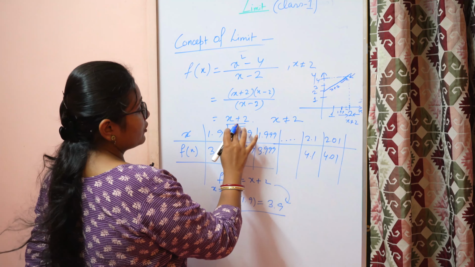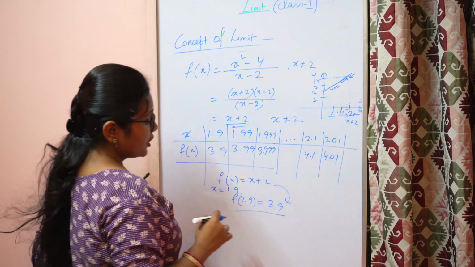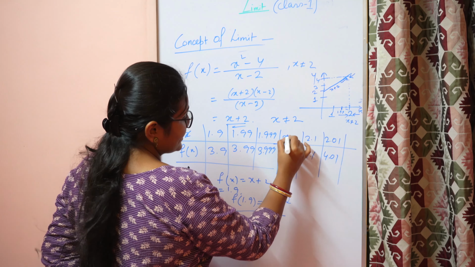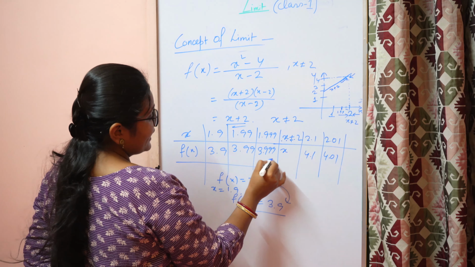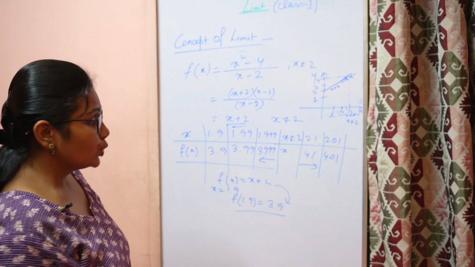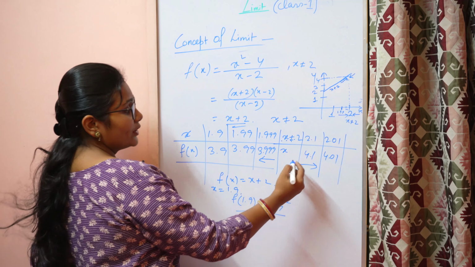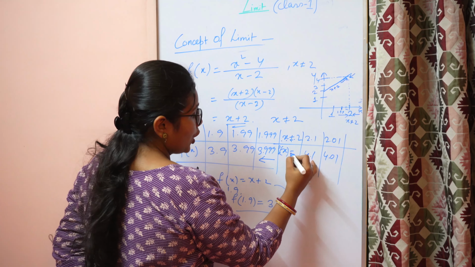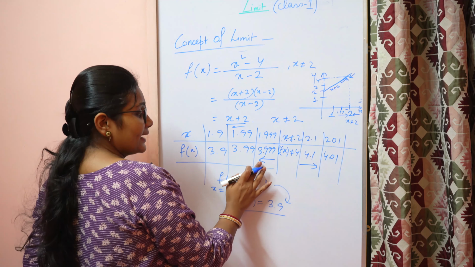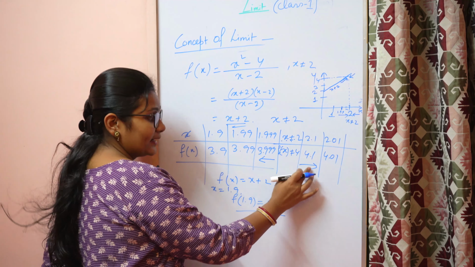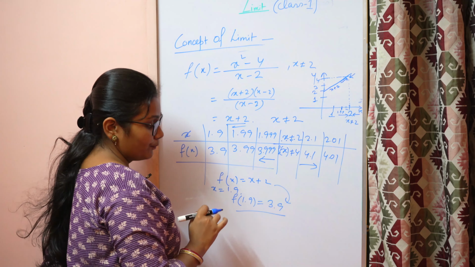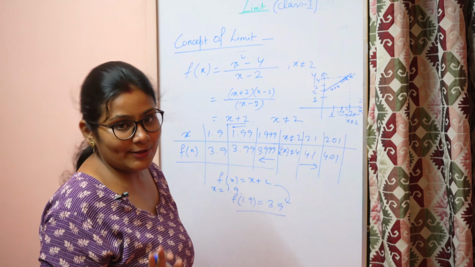So we are taking values not exactly 2 but less than 2 and greater than 2, which are nearest to 2. You will get values which are not exactly 4 but nearest to 4, which may be greater than 4 and less than 4 but not exactly 4. This is the concept of limit only.